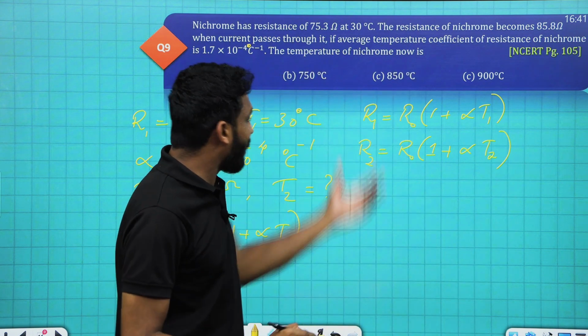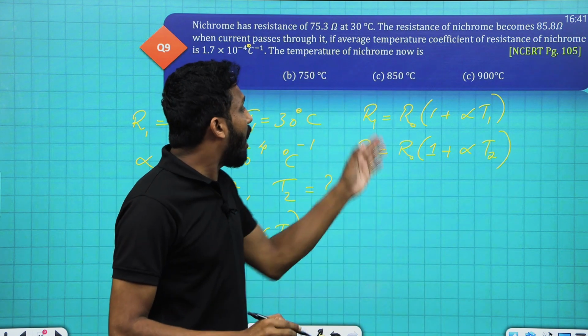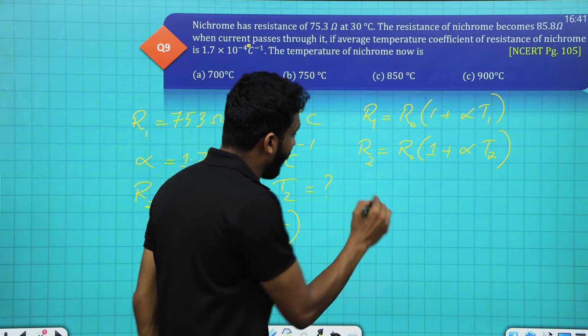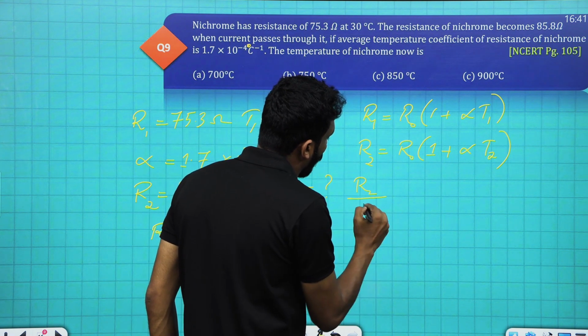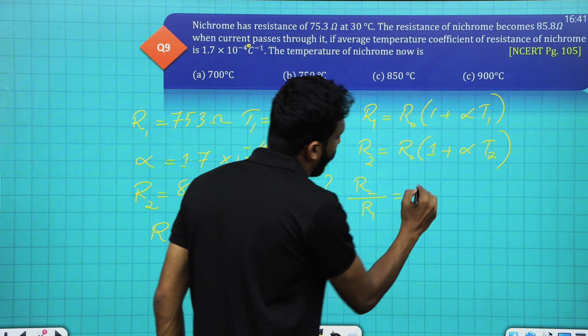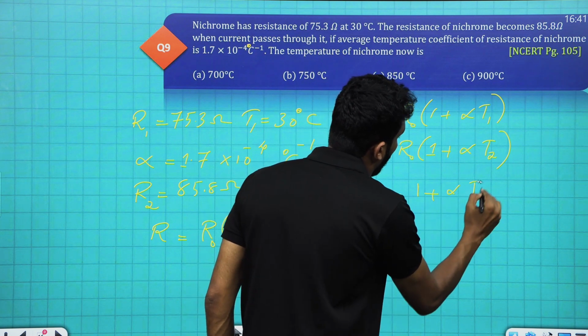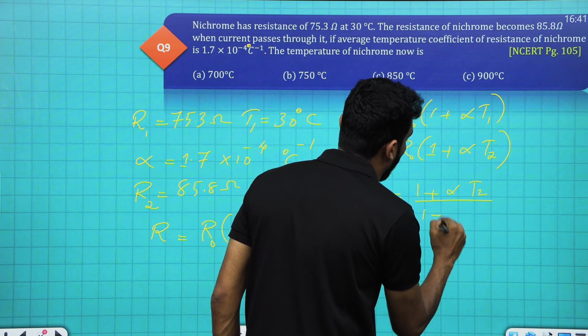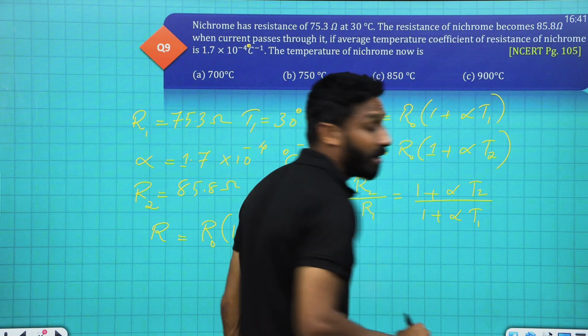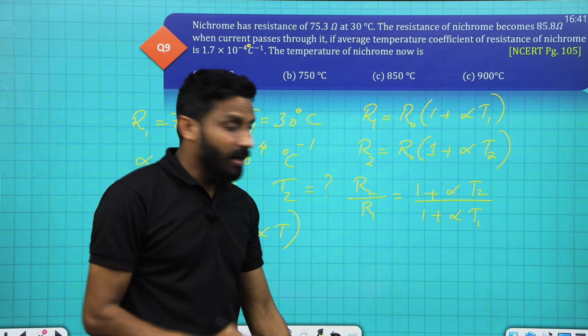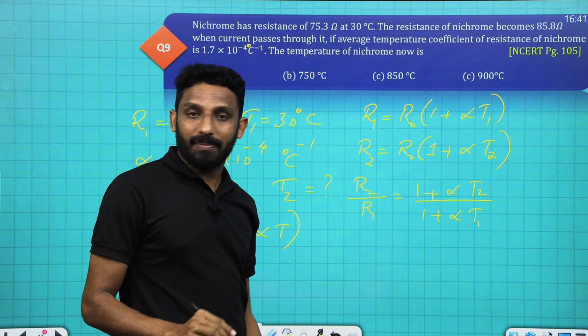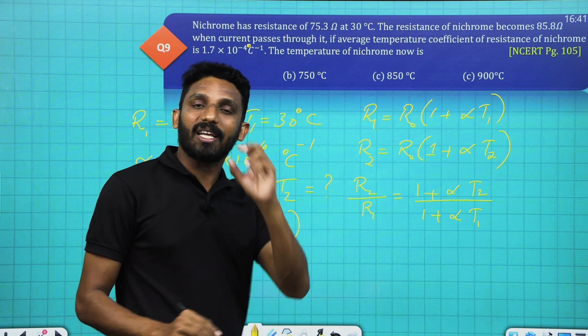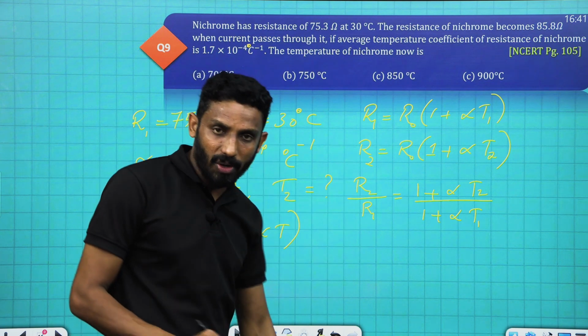Dividing, R0 gets cancelled. R2 divided by R1 is equal to 1 plus alpha T2 over 1 plus alpha T1. Here alpha is given, T2 is asked, and T1, R2, R1 are given data.